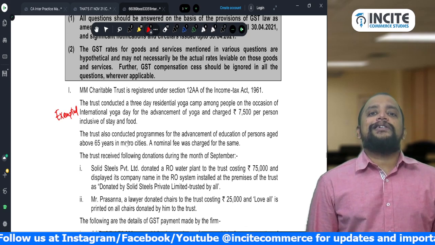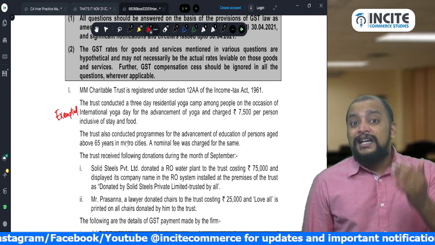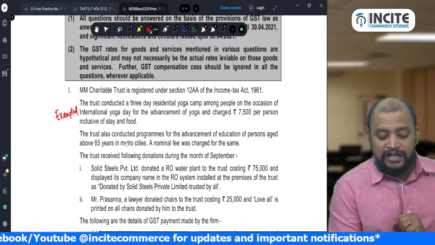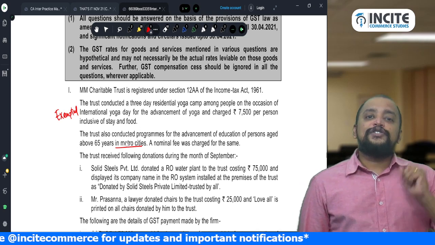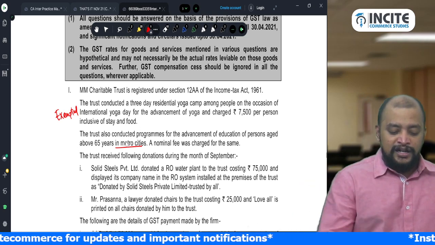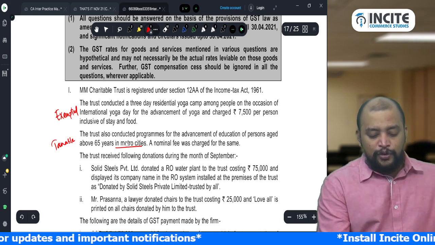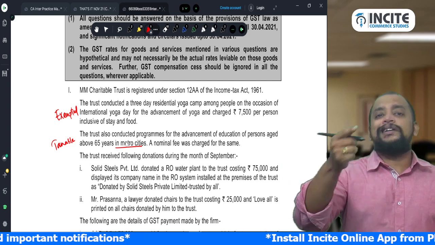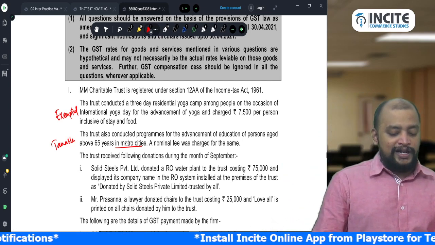Then one more point is there, persons over 65 years residing in rural areas. Here, where are they located? In metro cities. So when they are located in metro cities, that is not exempted, it will be taxable. Educational programs for persons over 65 years are exempted only if they are residing in rural areas. But here it is not a charitable activity and it will be taxable.